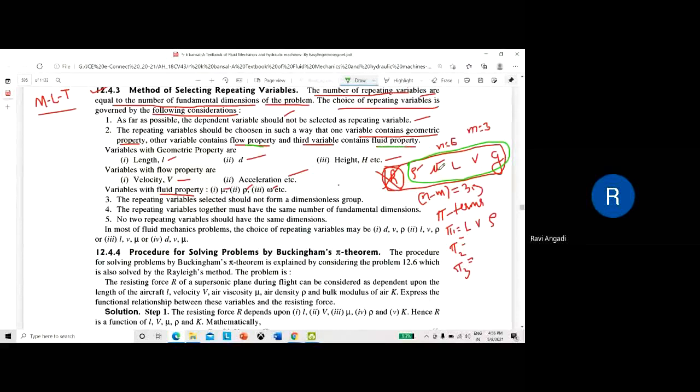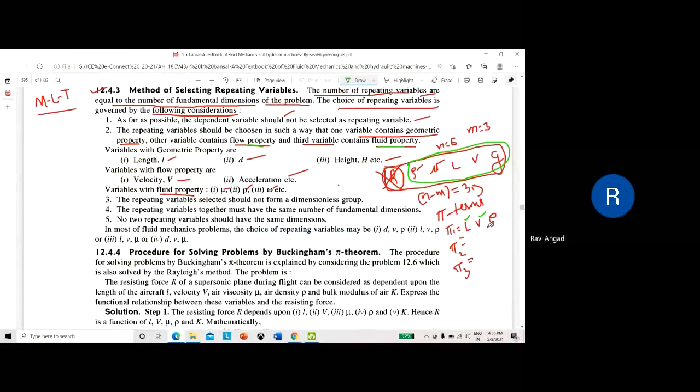Length is the geometric property, velocity is the flow property, and the fluid property is either density or viscosity. Any one you can take. That is left to the person testing in the laboratory how he chooses the repeating variables.